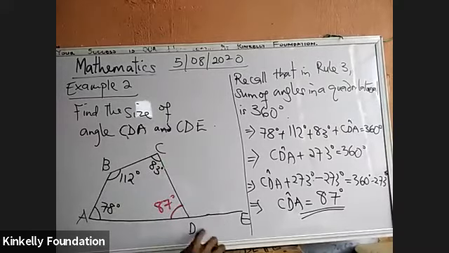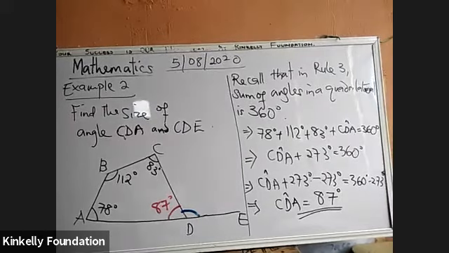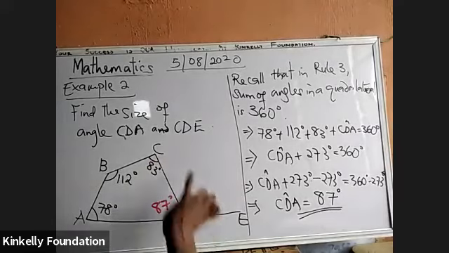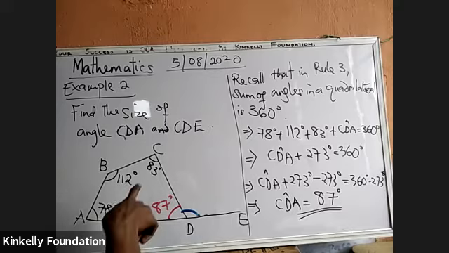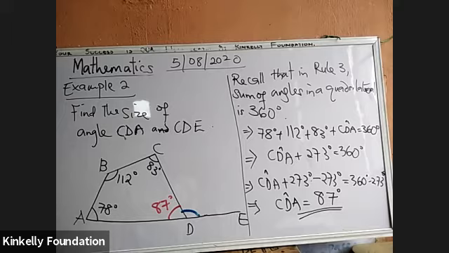Now find angle CDE using the first rule. In order to find angle CDE, which is the angle at point D, note that angle CDA and angle CDE are adjacent angles on a straight line. The sum of the angles here gives us 180 degrees.